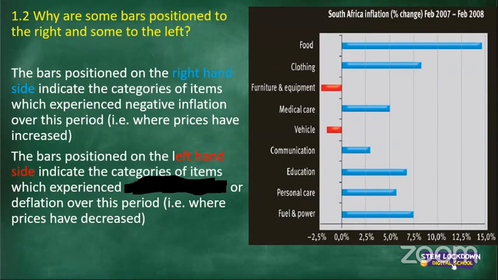And then the ones on the left indicate that the prices have decreased. That's why you have the inflation rate moving towards the negative. So in simple terms, the ones moving to the right indicate that the prices have increased and therefore the inflation rate has increased. The ones on the left show that the prices have decreased and therefore the inflation has decreased.